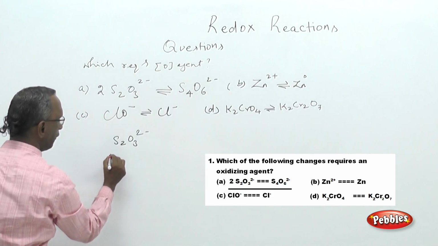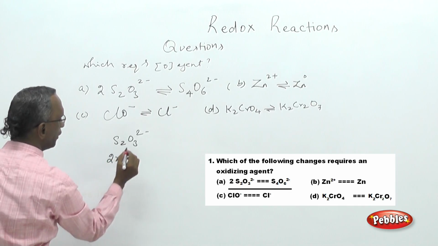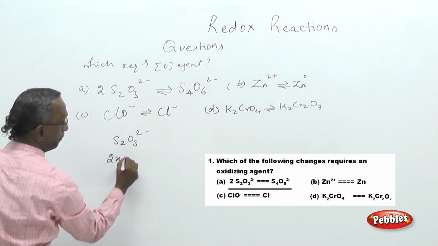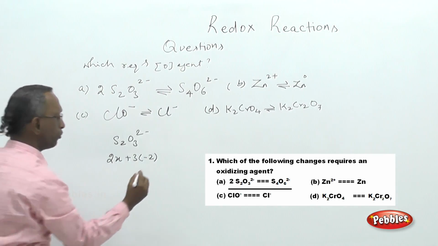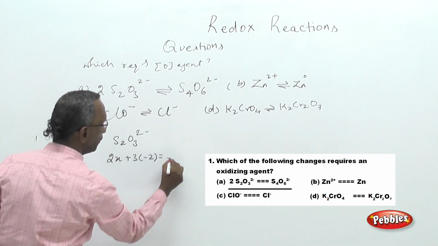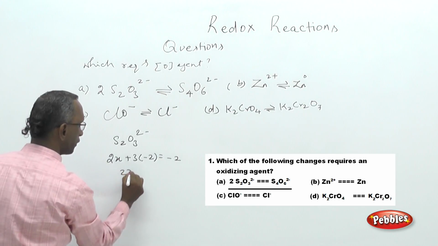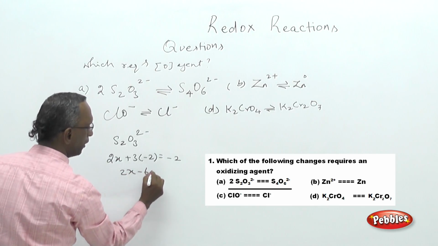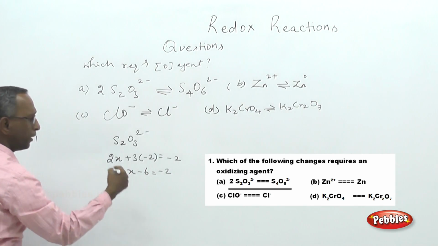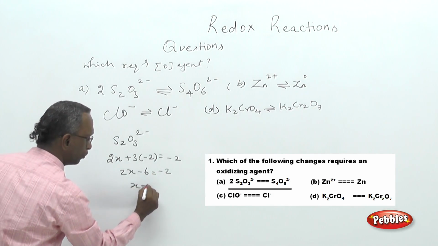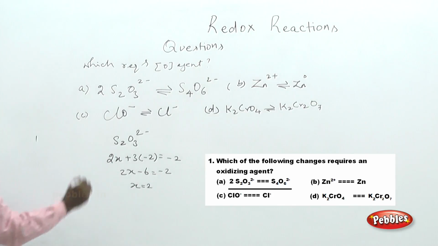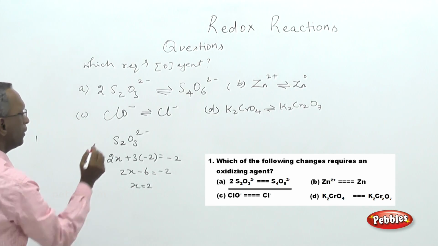The sulfur oxidation state we don't know. If we write the equation: 2 times sulfur x plus 3 times the oxygen oxidation number, minus 2, equals the overall charge, minus 2. So 2x minus 6 equals minus 2, 2x equals minus 2 plus 6, 2x equals 4, or x equals 2. So the oxidation state of sulfur here is 2.